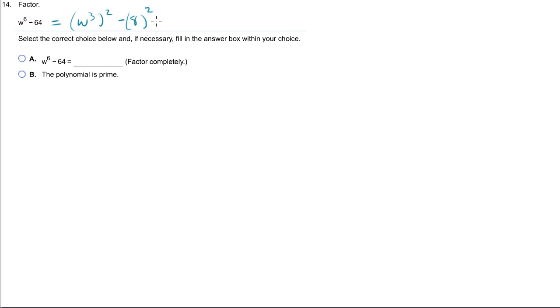Then we're going to get w cubed minus 8 times w cubed plus 8. W cubed minus 8, why that factors? That's going to factor into w minus 2 times w squared plus 2w plus 4.